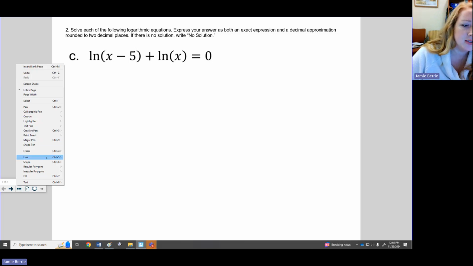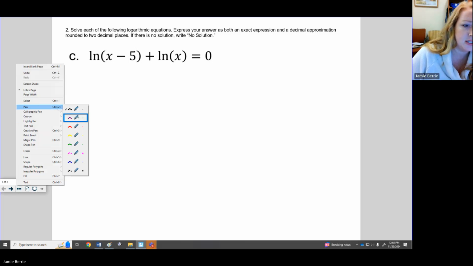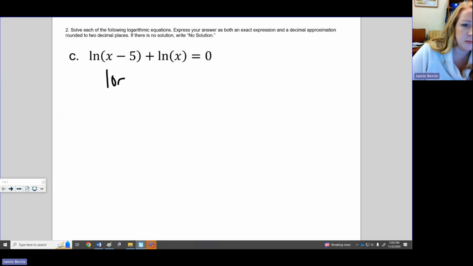All right, so we've got natural log of x minus 5 plus natural log of x equals 0. So we've got a logarithm equal to a number.